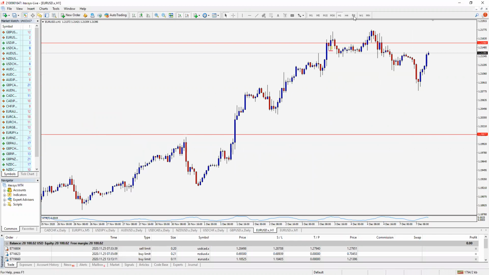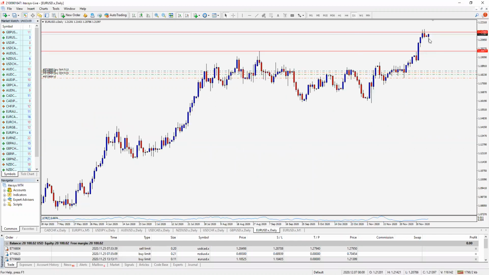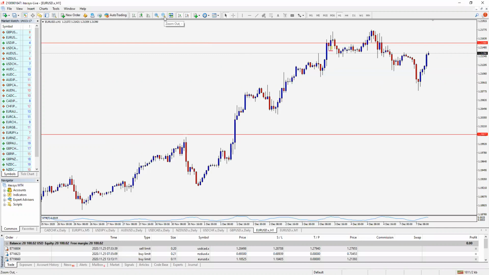So my perspective for the week will be bullish on the Euro USD and a pullback to this area. Let's see if we can identify some demand together. You can see right here, any kind of pullback of price to that area, I will be looking to buy this market.